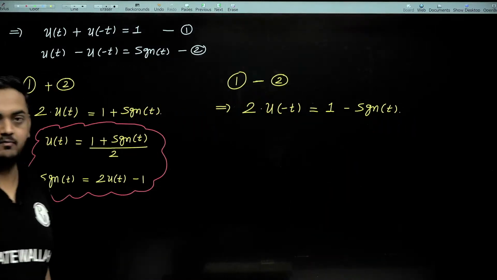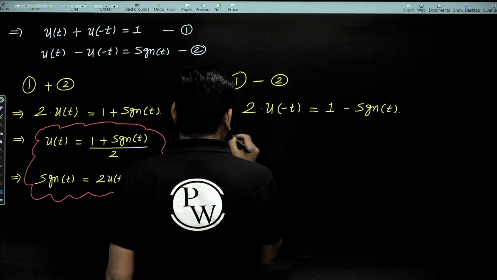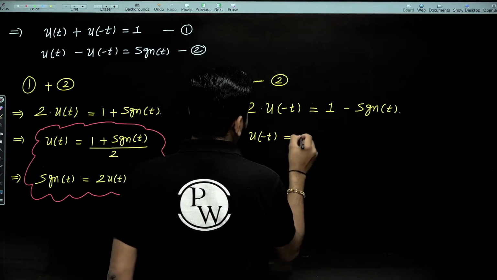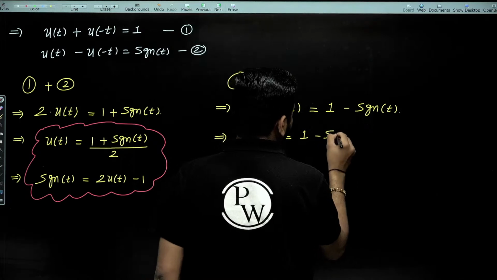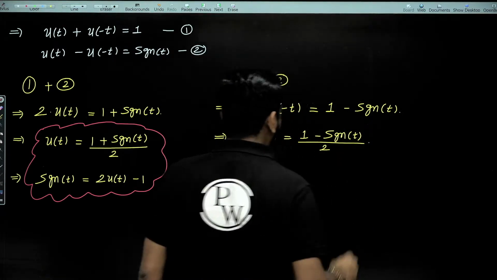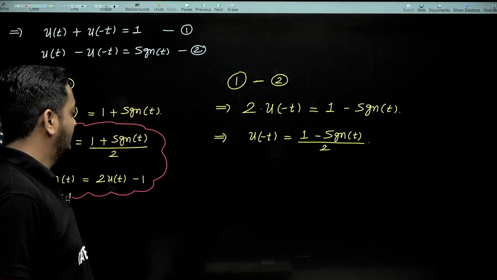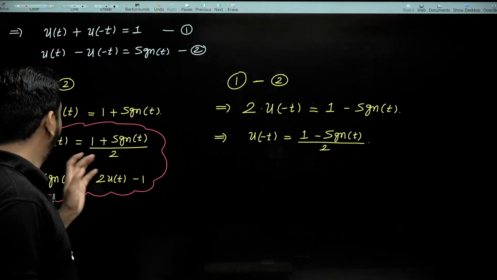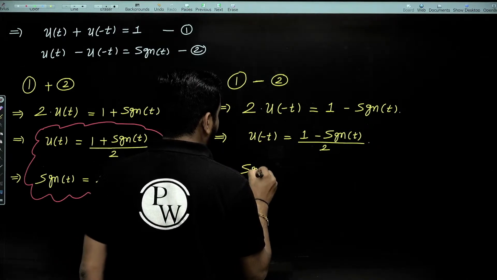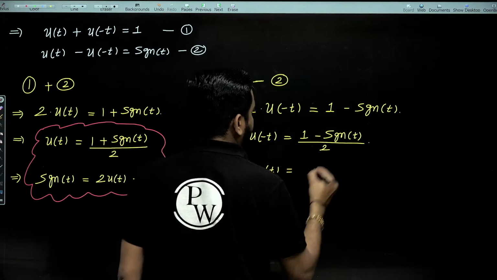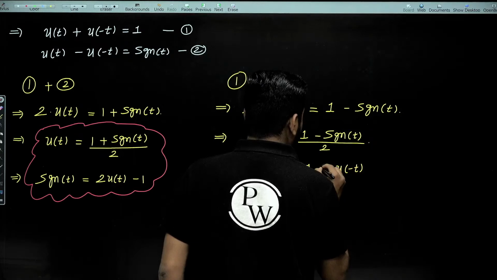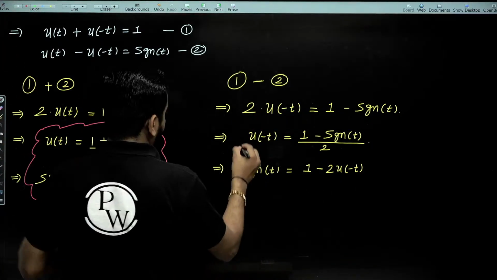So u of minus t is 1 minus Signum of t divided by 2. What about Signum of t? Signum of t in terms of u of minus t is 1 minus 2 times u of minus t. This thing also you have to remember.